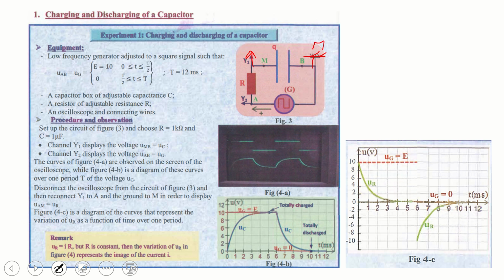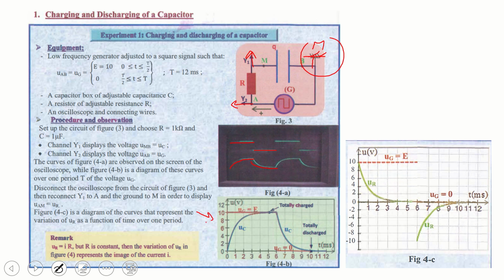So we can observe the increase in the voltage across the capacitor during the first half period and the decrease of the voltage across the capacitor during the second half period. While channel 2 and the common ground are connected across the square generator to visualize the voltage UG equals E, then 0 during one complete period.